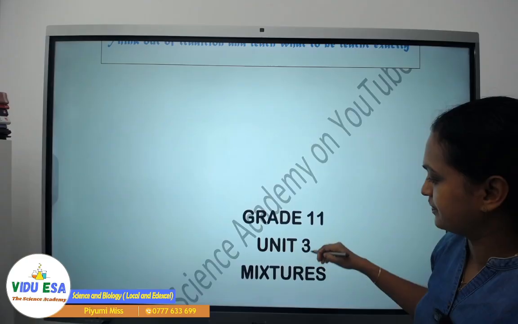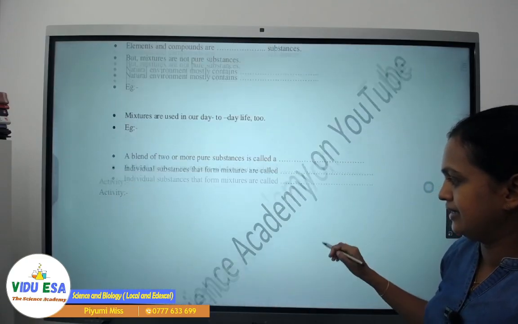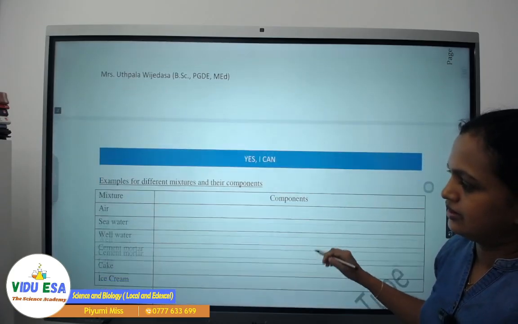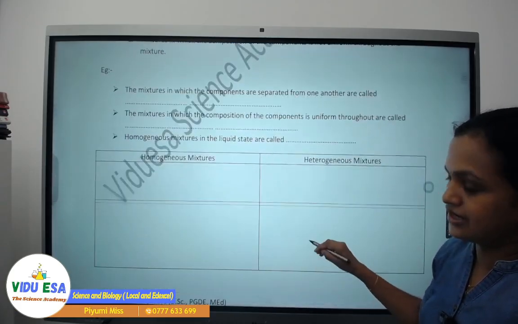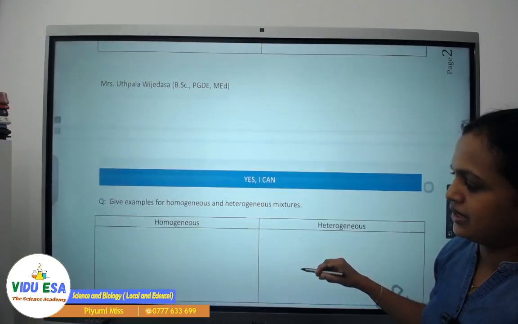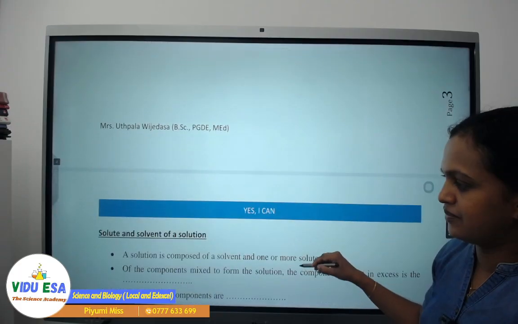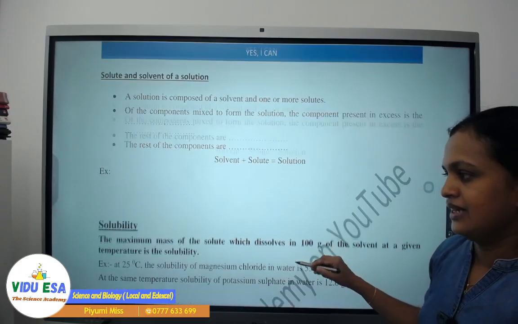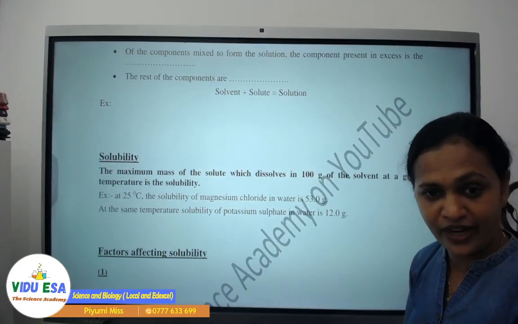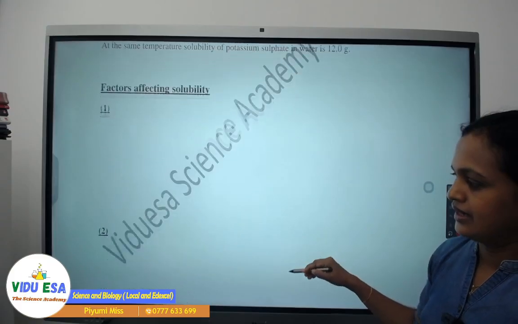We will go through the things that we had started discussing. So about mixtures, the homogeneous and heterogeneous mixtures, and also we mentioned the different factors affecting the solubility of a substance, right?